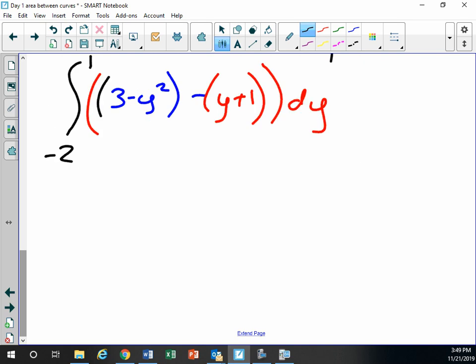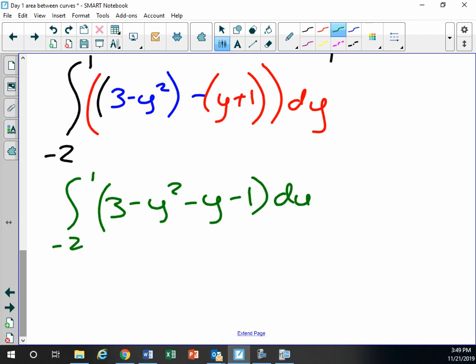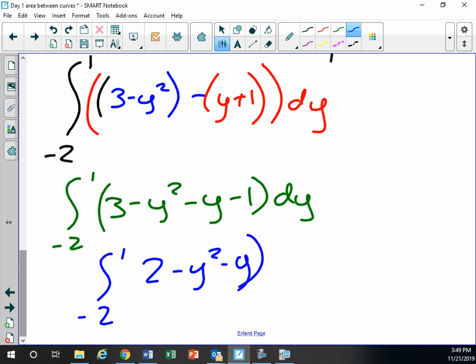I can do this. This math I can do. This becomes the integral from -2 to 1 of 3 minus y squared minus y minus 1 dy, which makes this the integral from -2 to 1 of 2 minus y squared minus y dy.